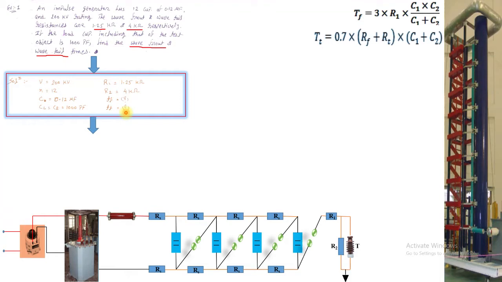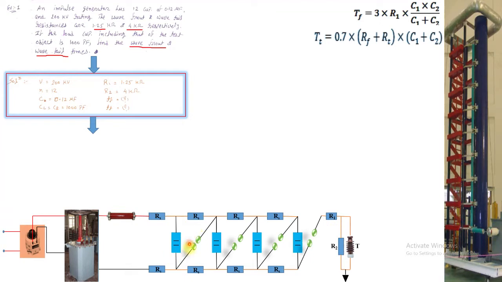First of all, as I said, C1 represents the generator capacitance, so it is the equivalent capacitance during the discharging. As you can see over here, when the sphere gaps are kept open circuited, all the capacitors are connected in parallel, so they will charge to the same magnitude of voltage.